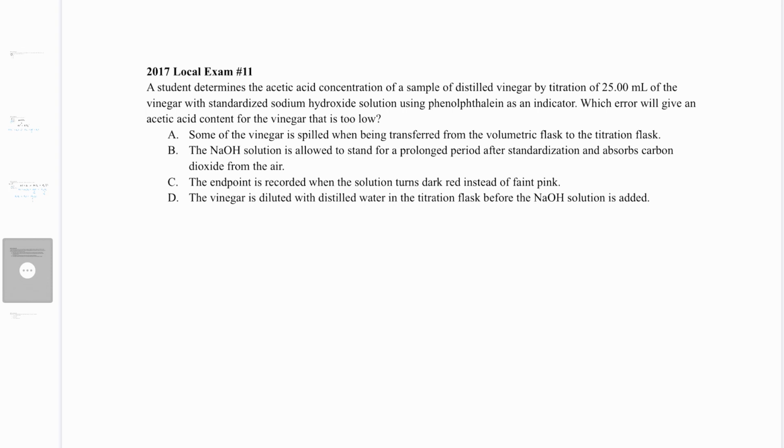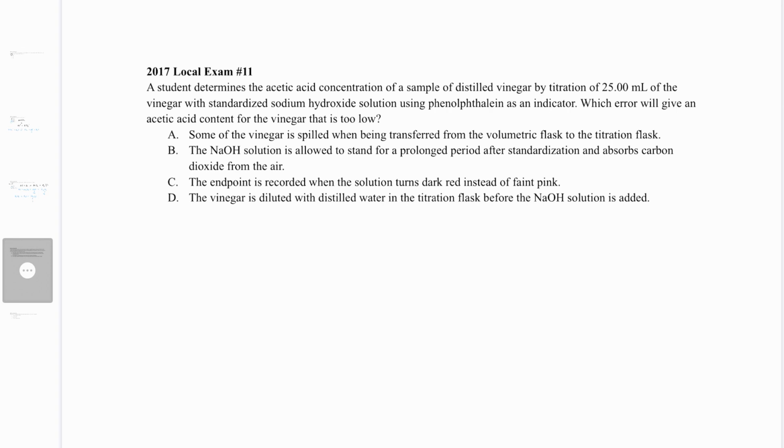So A, some of the vinegar is spilled when being transferred from the volumetric flask to the titration flask. If the vinegar is spilled, then the amount of acid that you're titrating is going to be lower. Therefore, it's going to require less NaOH, and that's going to end up making your acetic acid content too low.